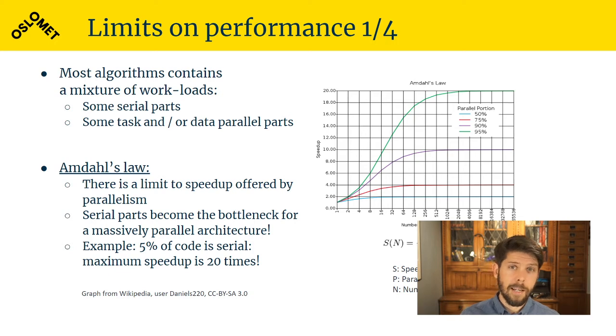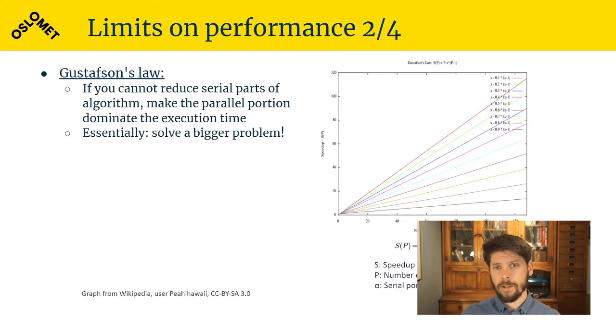So let's look at a different phrasing of this, and that's called Gustafson's law. What Gustafson's law essentially says is that if you have a problem which is 95% parallel, make sure that your parallel section, this section over here, is much larger than your serial section. So solve a bigger problem, right? If you solve a bigger problem, you're going to make your parallel section much longer.